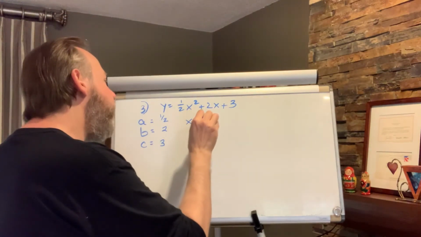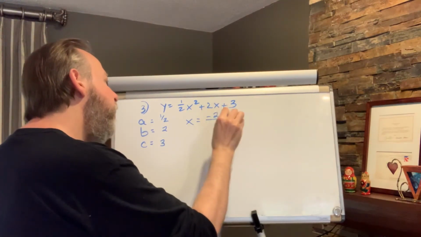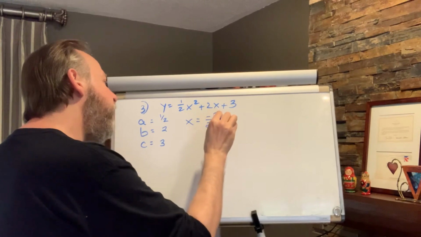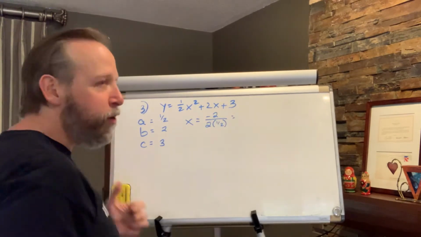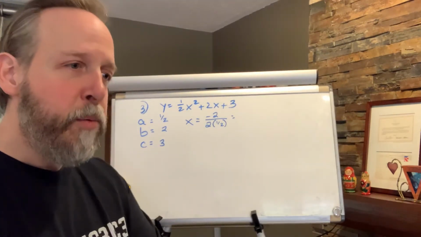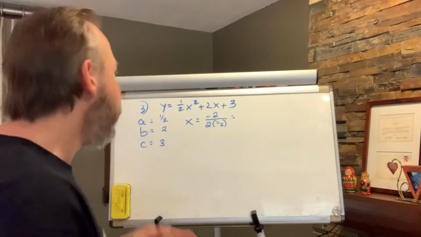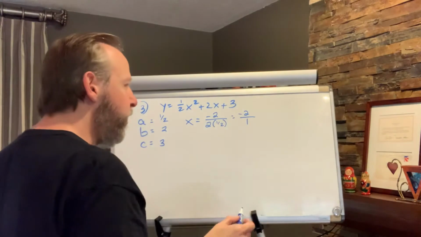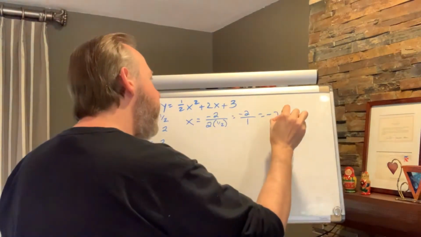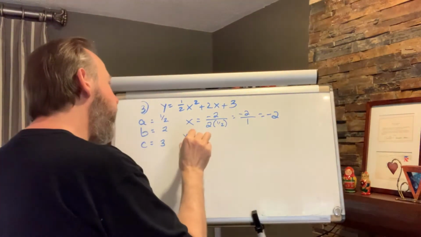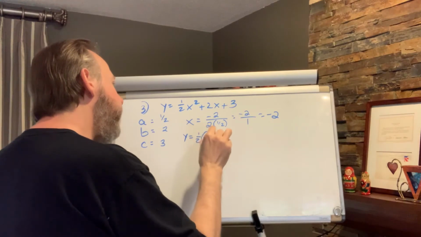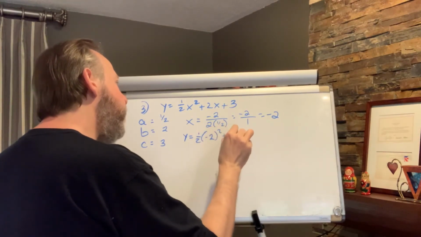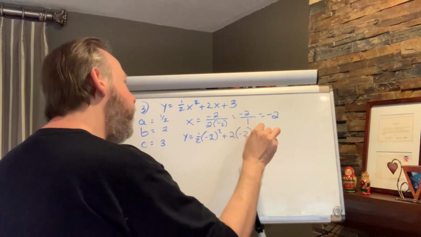X equals negative b, that's negative 2, over 2a, that's 2 times 1/2. Please make sure you plug these in carefully because on some of your work you were kind of missing some of this. That's negative 2 divided by 1, since 2 times a half is 1. So we have an x value of negative 2. Now we're going to plug that in. Half of negative 2 squared plus 2 times negative 2 plus 3.